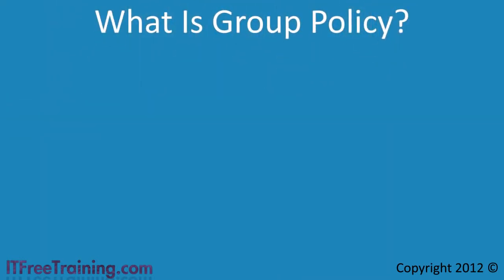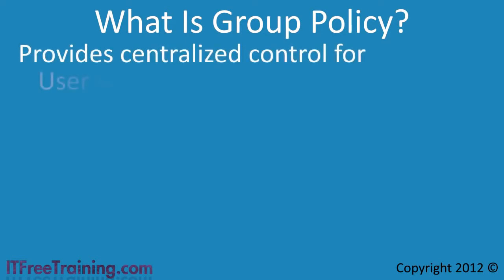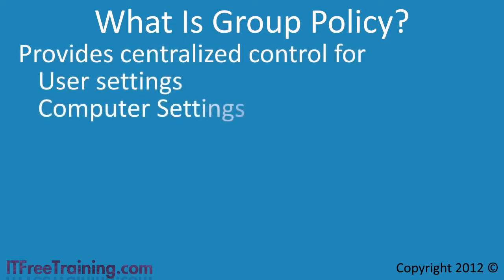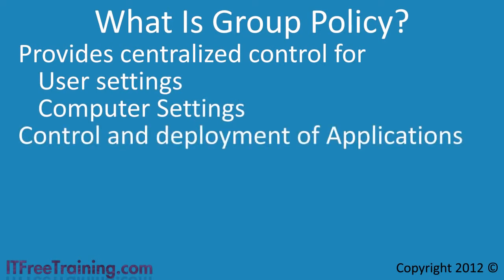To start with, what is group policy? Group policy is a Microsoft technology that allows centralized control of user and computer settings. It also provides control over applications, including the installation and removal of these applications when they are no longer required.